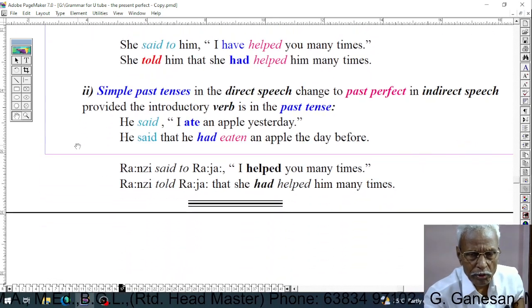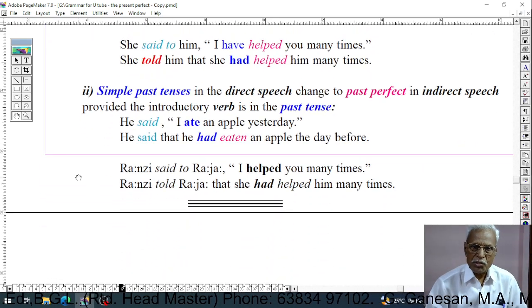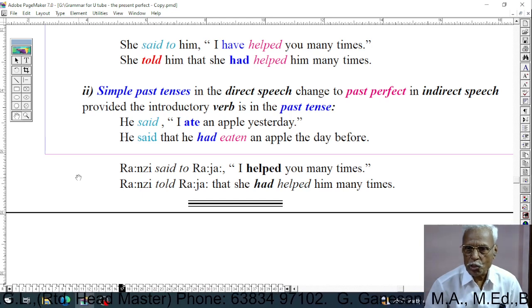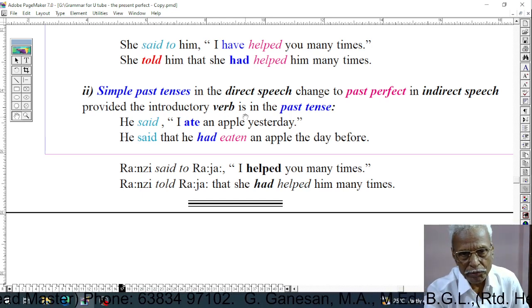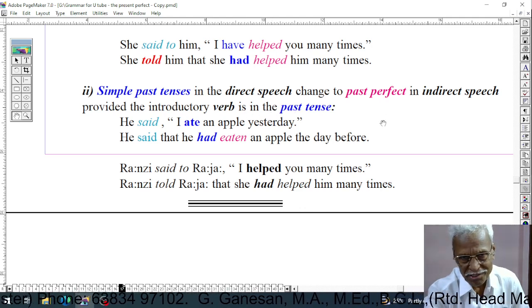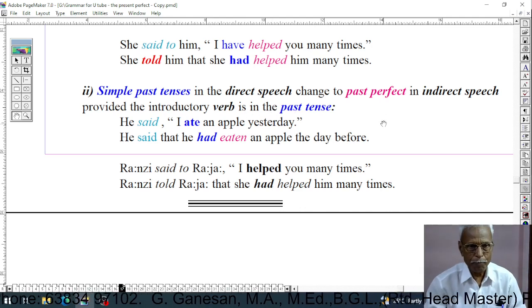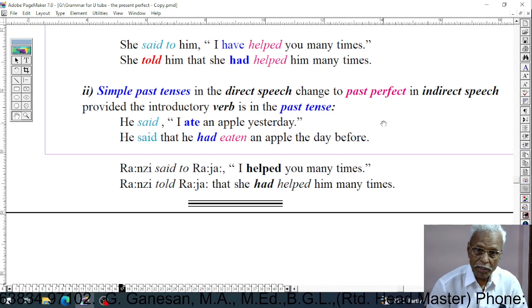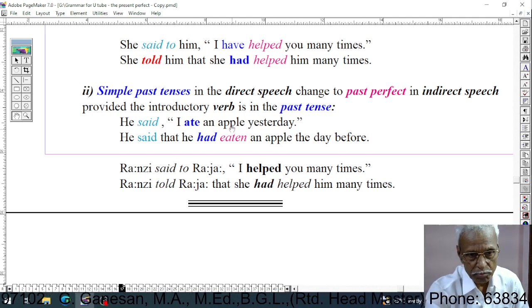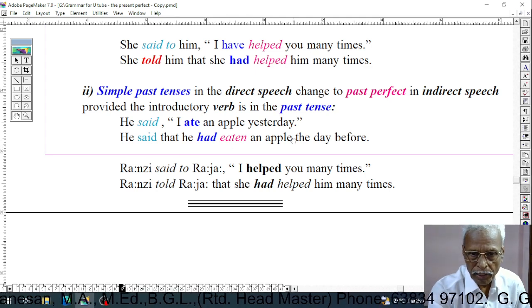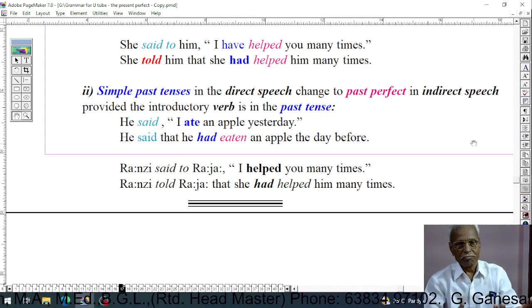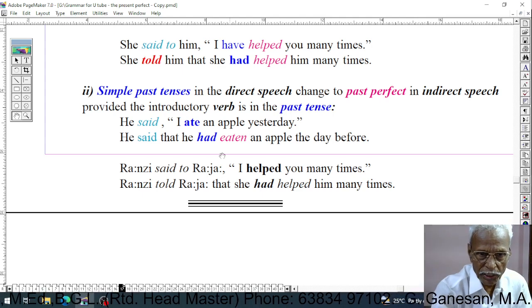In the second example, simple past tense in direct speech changes to past perfect in indirect speech, provided the introductory verb is in the past tense, as I have already told you. He said, I ate an apple yesterday. Ate, simple past. He said that he had eaten an apple the day before.